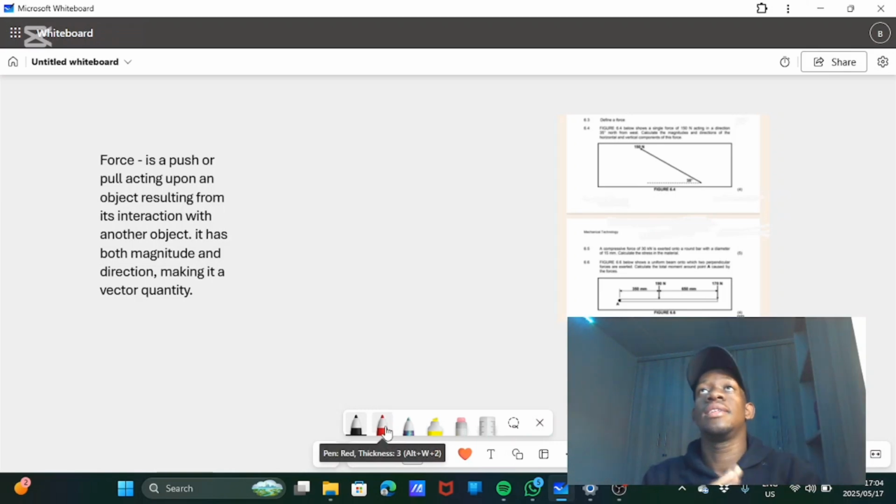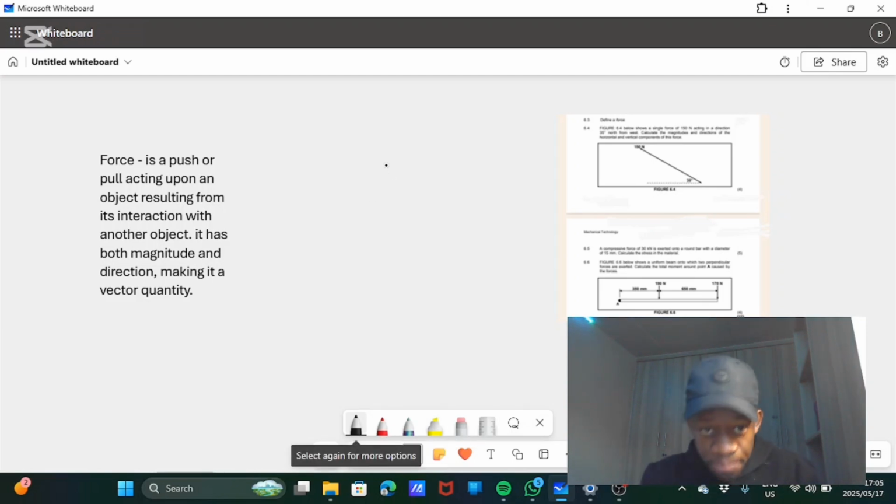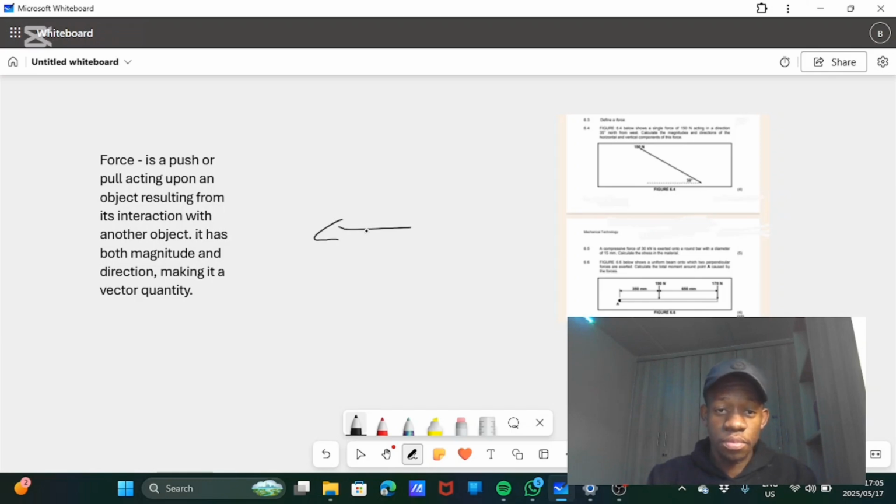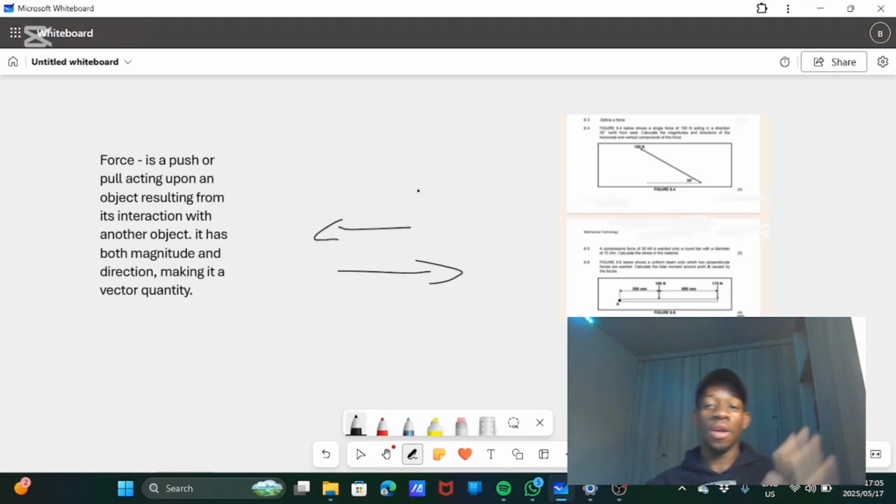Firstly, let's state the directions. Let's assume which direction I'm taking as positive and which as negative. We have left and we have right. According to a Cartesian plane, when you go right, it's positive, and when you go left, it's negative.